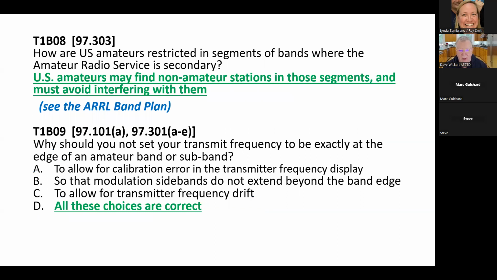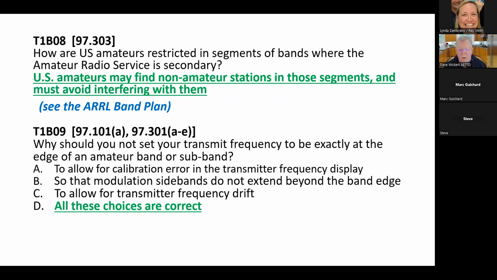How are U.S. amateurs restricted in segments of bands where the amateur radio service is secondary? There is so much demand for radio frequencies these days, as the FCC has allocated primary, secondary, and tertiary uses for most of the electromagnetic spectrum.